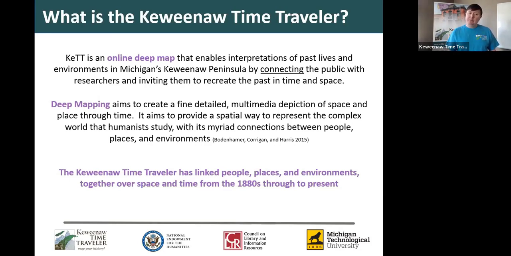Deep mapping aims to create a fine, detailed, and multimedia depiction of space and place through time. It aims to provide a spatial way to represent the complex world that humanists study with its myriad of connections between people, places, and environments. To date, the Keweenaw Time Traveler has linked people, places, and environments together through space and time from the 1880s through to present.